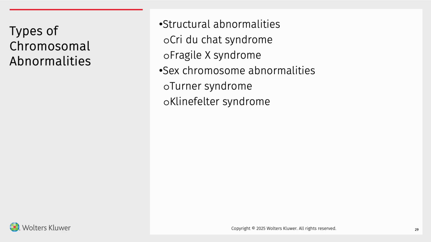This slide outlines specific chromosome disorders that nursing students should recognize, along with their genetic basis and clinical significance. Structural abnormality results from a change in the structure of chromosomes rather than the number. An example would be Cri-du-Chat syndrome, which is caused by a deletion on the short arm of chromosome 5.